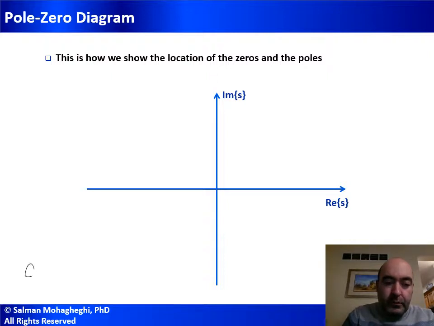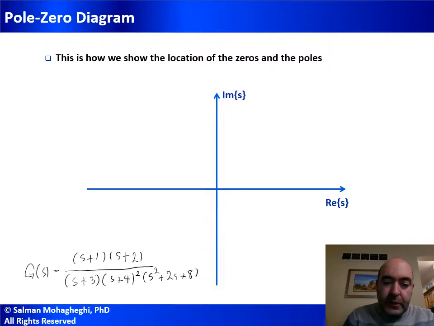Suppose I have a system of the form G of s equals, let's say, s plus 1, s plus 2, over s plus 3, then a term s plus 4 squared, and another term which is s squared plus 2s plus 8.